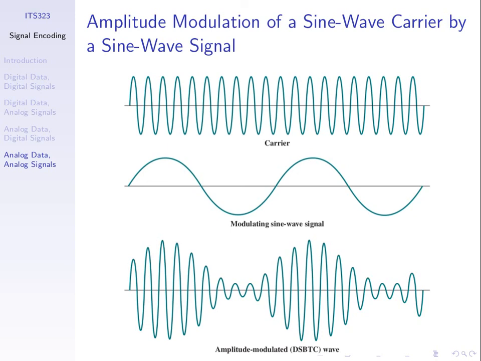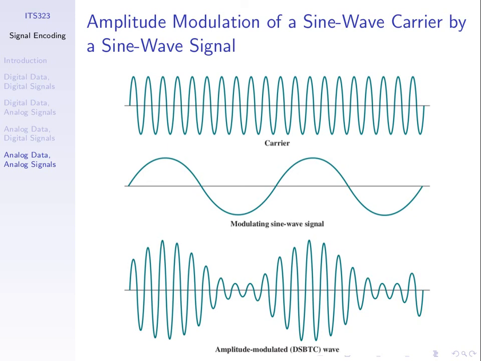So if this is the data, the output is the one at the bottom, where you see we have the same frequency as the carrier, but the amplitude of this is varying. We have a high amplitude here when we have a positive input, and a low amplitude with this negative input. This is AM, as in AM radio.